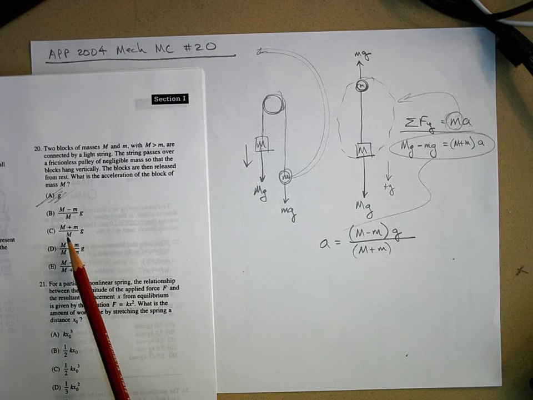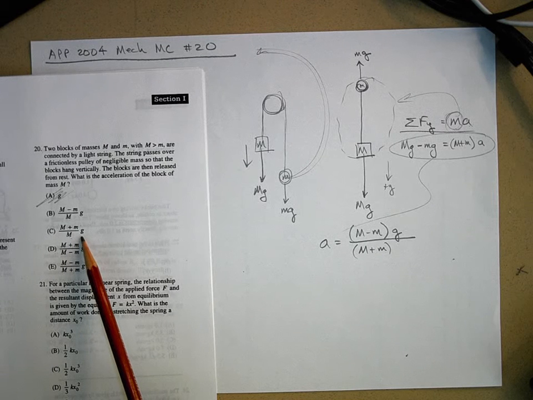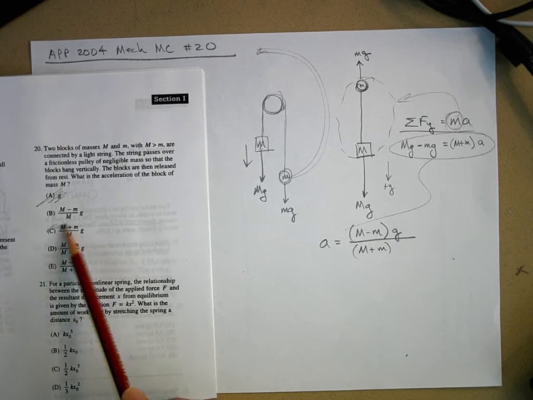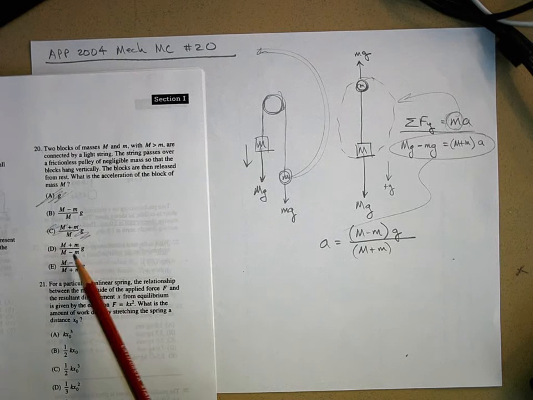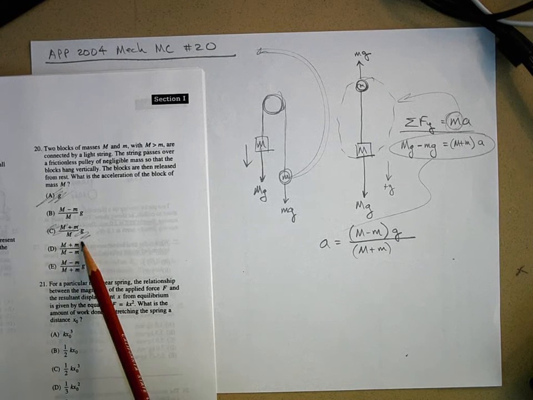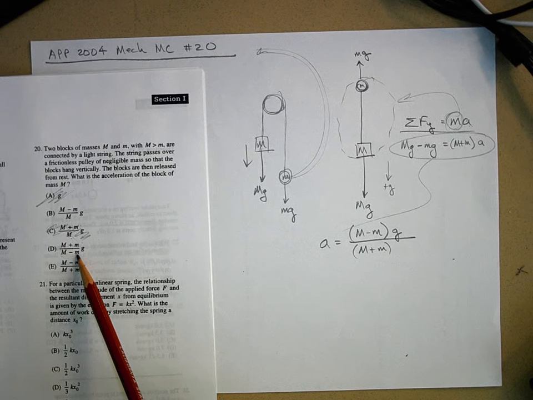Now, if it's going to be slower, look at answer C. M plus m divided by m. Do you see that this number is going to be greater than 1? So therefore, it's going to accelerate at a rate greater than gravity? I don't think so. Now this one, M plus m over M minus m, once again, this fraction is greater than 1.